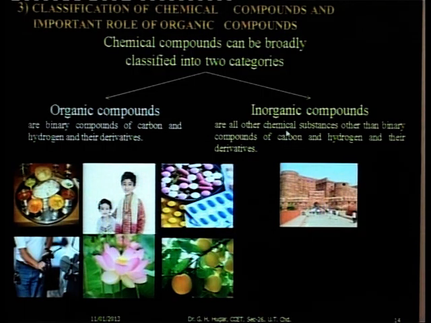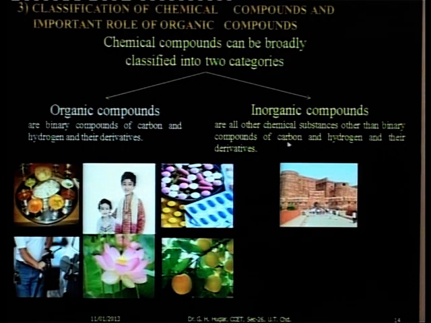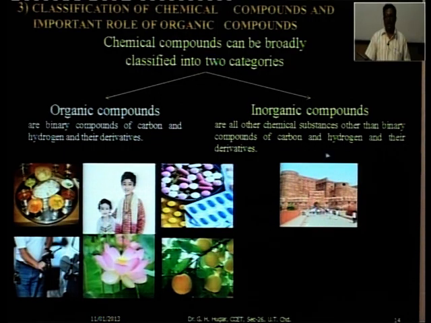Where do we find inorganic compounds and how are they defined? Inorganic compounds are all other chemical substances other than the binary compounds of carbon and hydrogen and their derivatives. Except for the organic compounds, the rest are inorganic compounds. For instance, the minerals we take and the cement we use. Like that we have many inorganic compounds as well.